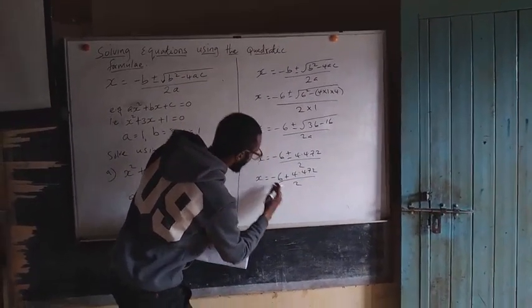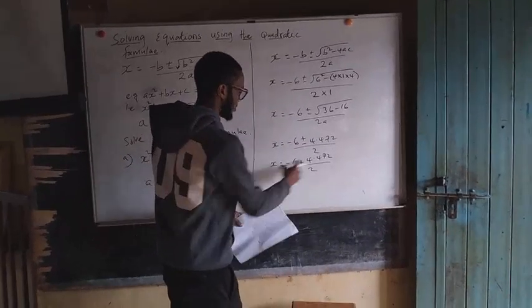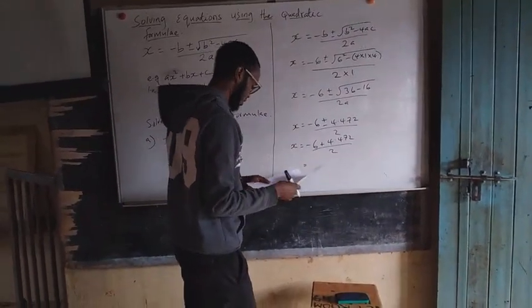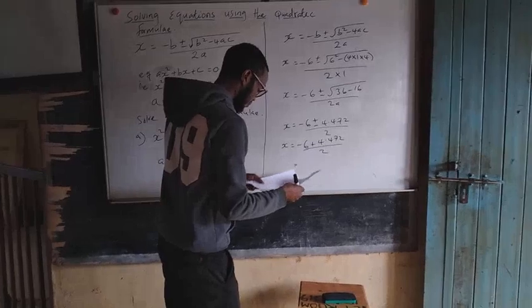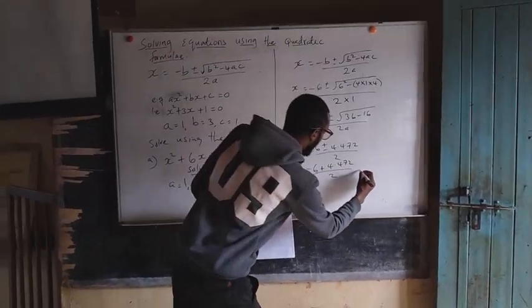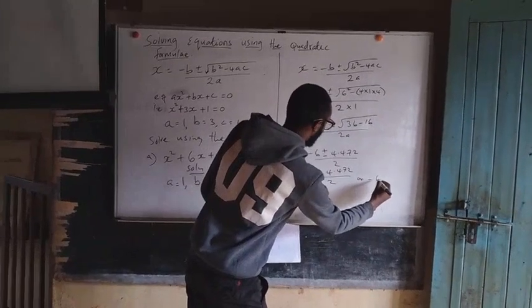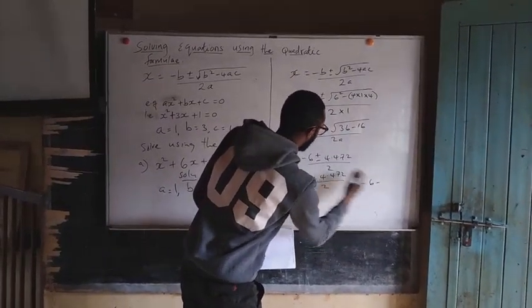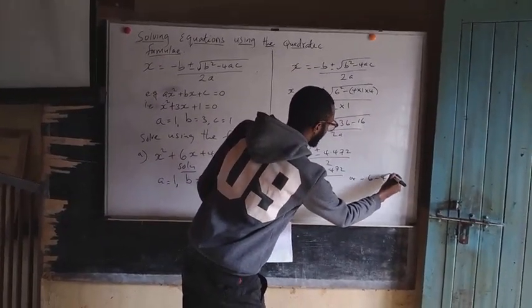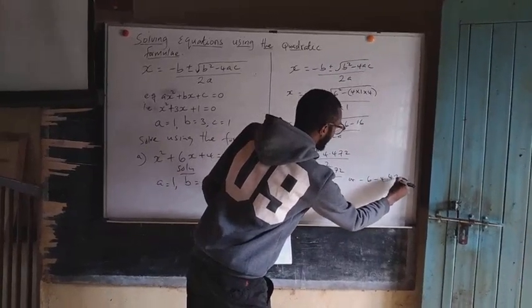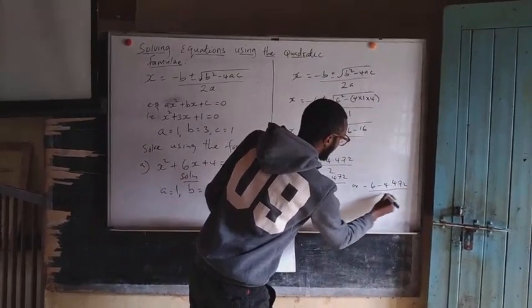So minus that one, do the summation there and then we get the answer. Or we move the other way, that is negative 6 minus 4.472, and we also divide this by 2.